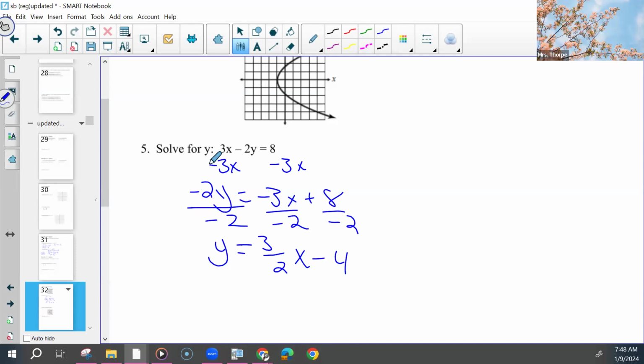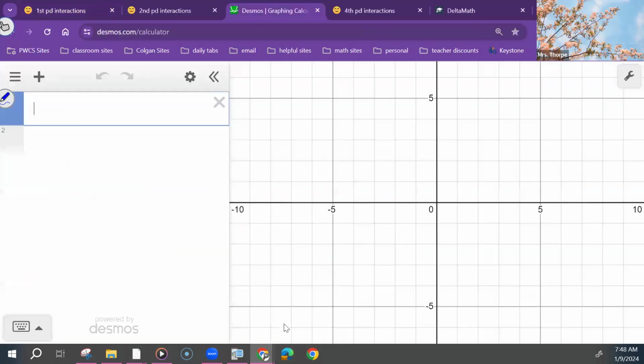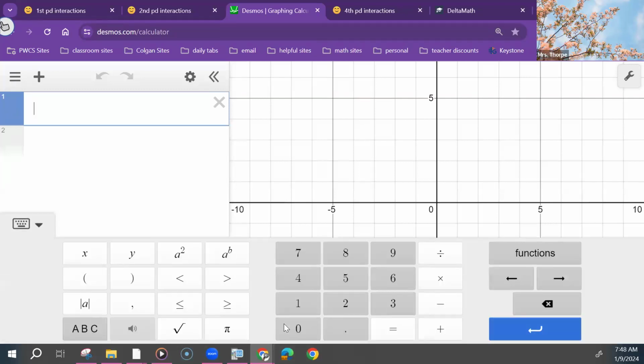I'm going to show each one in Desmos really quickly. If you need me to come back to this, I will in just a second. So if you did the work in Desmos, remember that you can do the work in Desmos. For number 2, you would put the numbers in directly, is one way you can do it. So you could put it in like this.